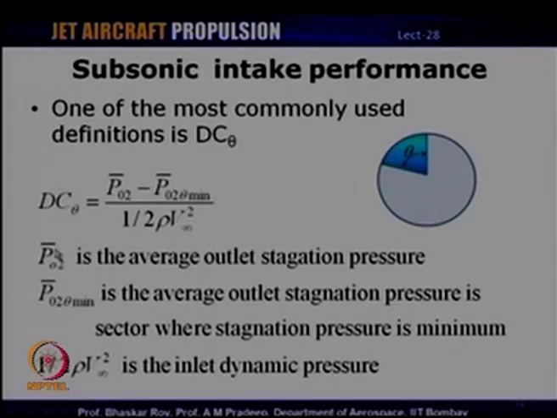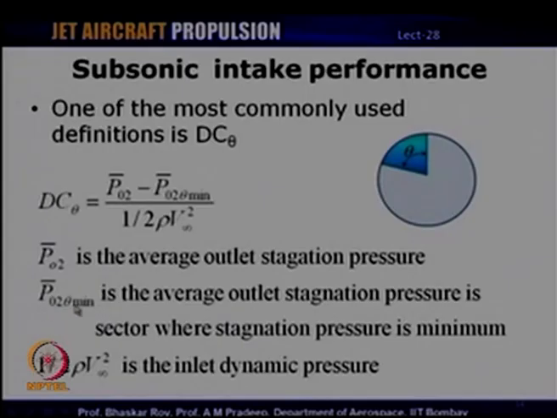So, P02 average is the average stagnation pressure at the outlet of the diffuser. If we take, let us say, this diffuser outlet cross section, and take an average of the stagnation pressure over this entire cross section, that is P02 bar.